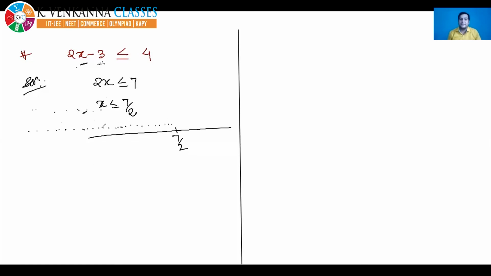So x is varying from minus infinity to 7 by 2, and I will write in interval notation x belongs to minus infinity to 7 by 2. At 7 by 2, there must be a closed bracket because the equal sign is there. At minus infinity, there must be an open bracket.